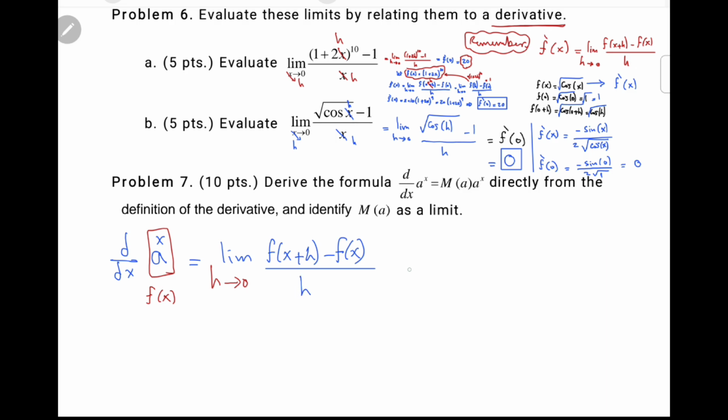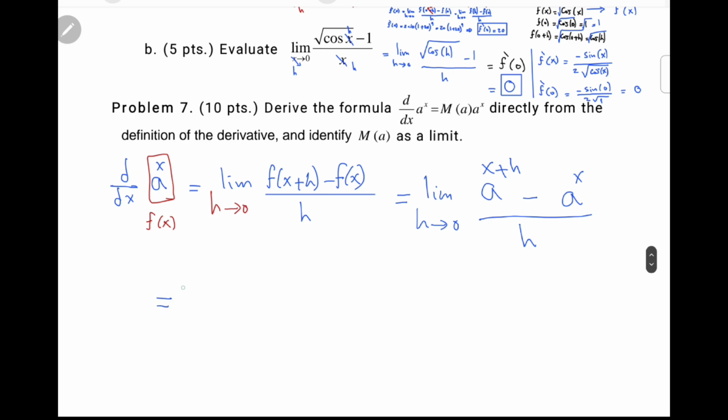So this is equal to the limit as h approaches 0, and we have a to the power of x plus h minus a to the power of x divided by h. So we can continue this limit by expressing using the property of exponentials. So this is a to the power of x times a to the power of h. We can separate the power minus a to the power of x divided by h.